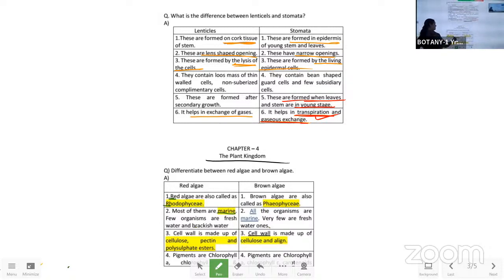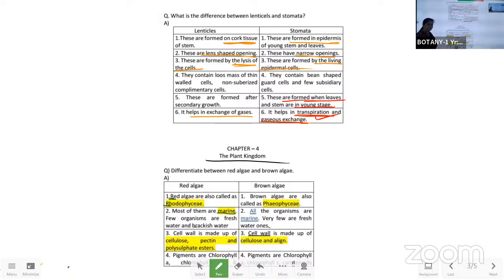After the class name and where they live, now comes the cell wall composition. Because these are algal members, they have a cell wall, plasma membrane, cytoplasm and nucleus, and they exhibit colors.